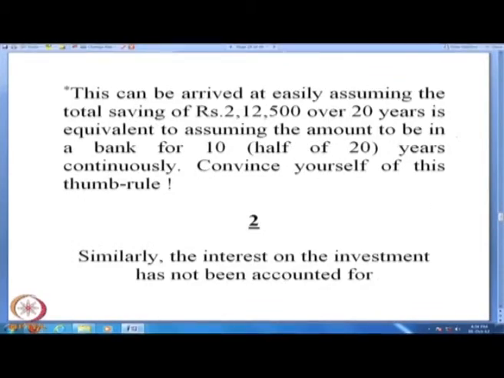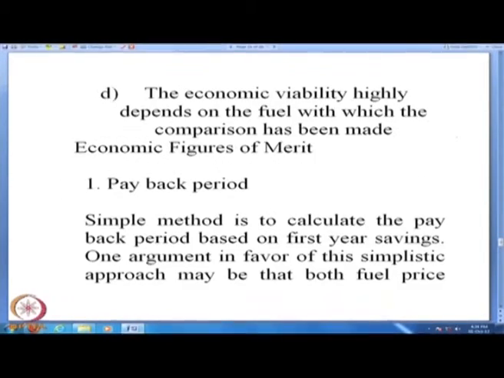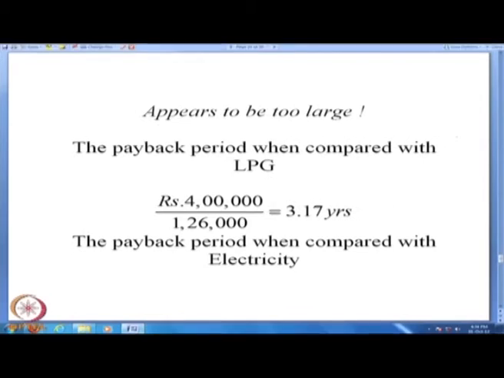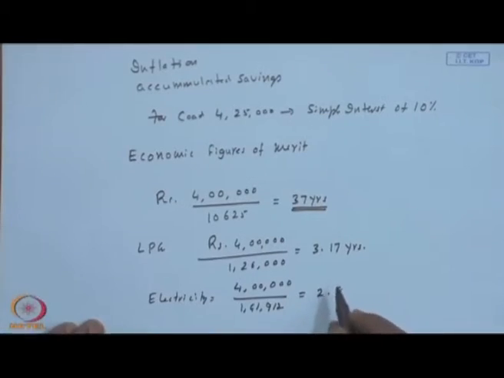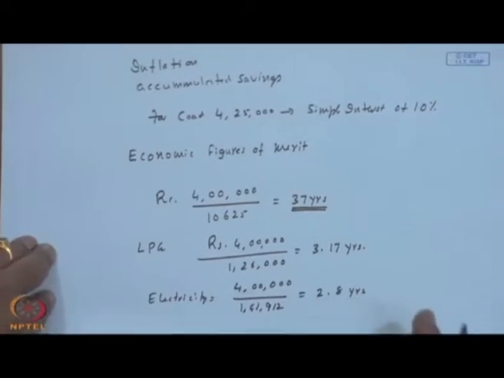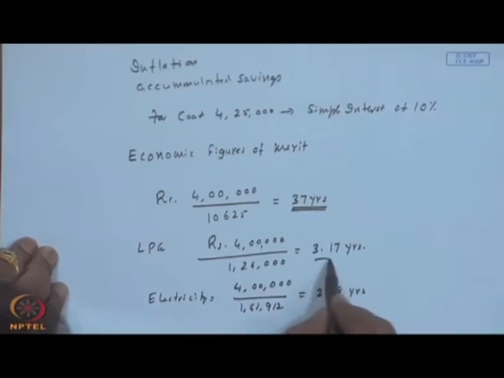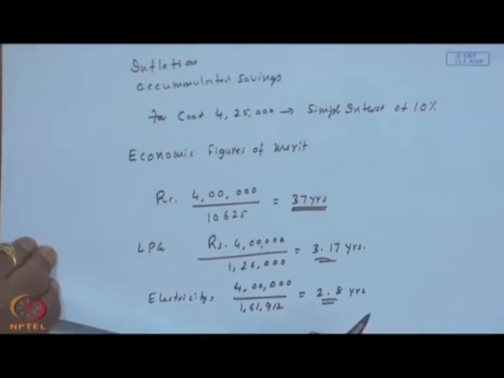Okay. It does not matter. So, this comes to 2.8 years, and I think this is all right, because compared to LPG, this should be lower because the cost is higher, I suppose.